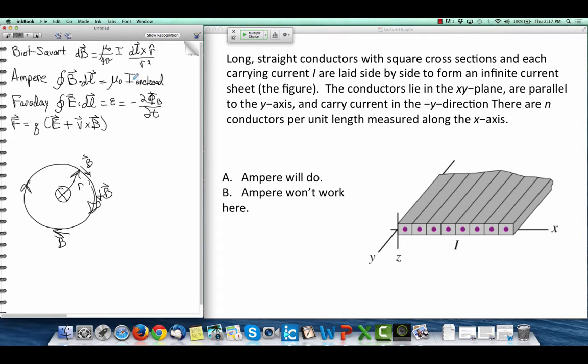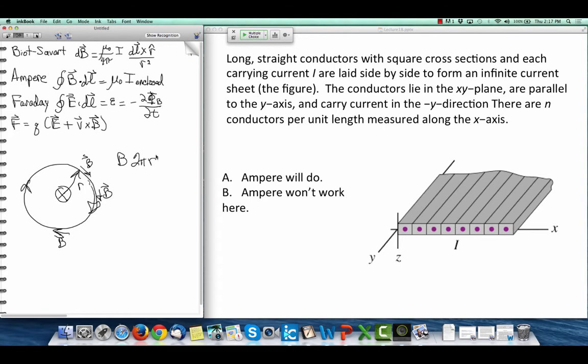I enclosed is just the current. Mu 0 is a constant. B is independent of the angle here, so it comes out of the integral. You end up with the left-hand side as just being B times 2 pi r, the circumference.